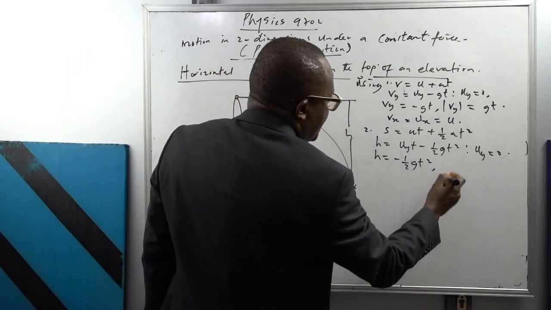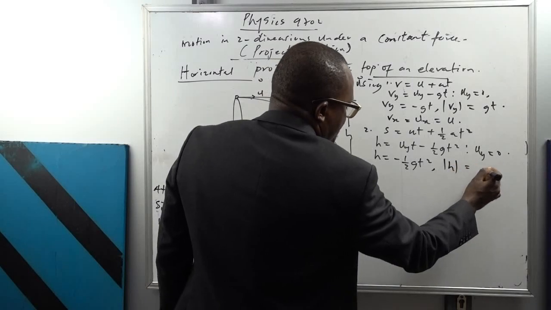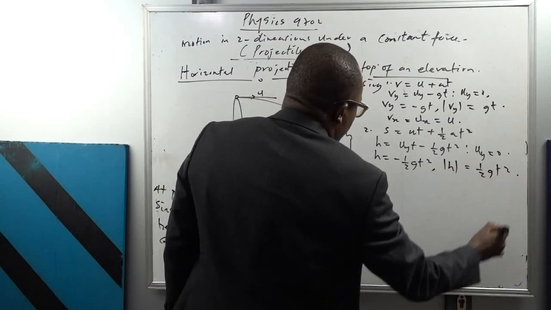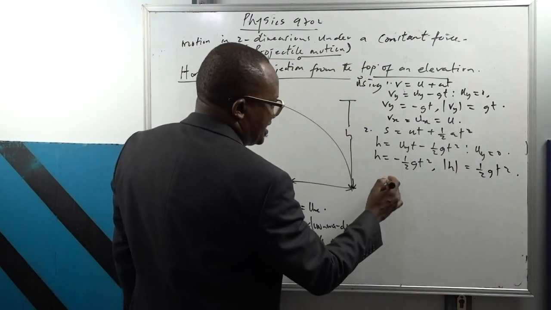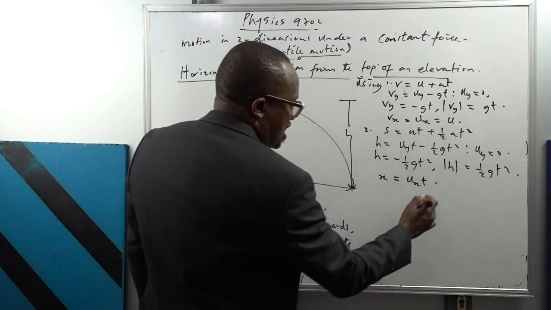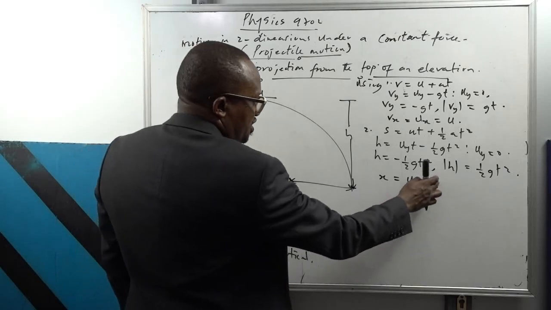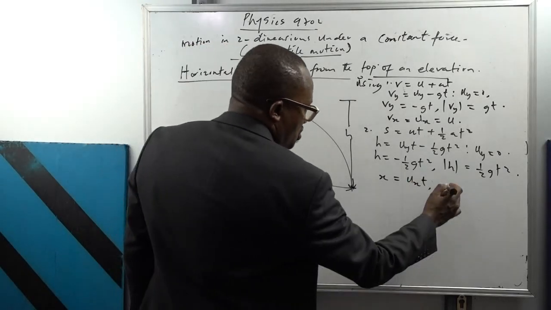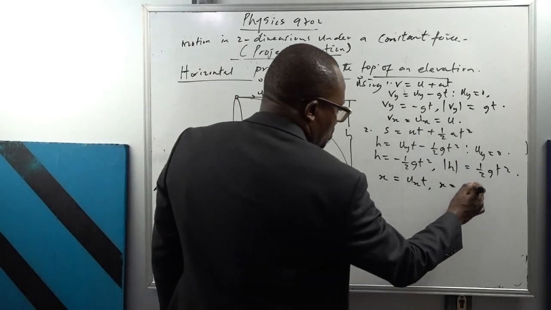So the magnitude of the vertical height becomes half gt squared. Then the horizontal displacement x becomes uxt, and ux is the velocity of projection, which is u. So the horizontal displacement x becomes ut.